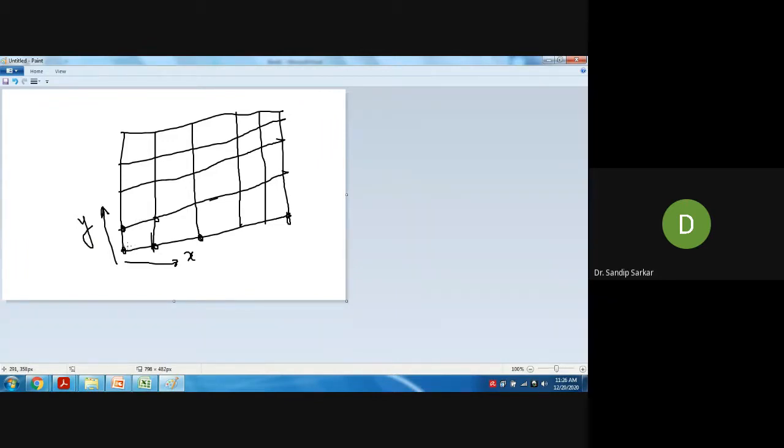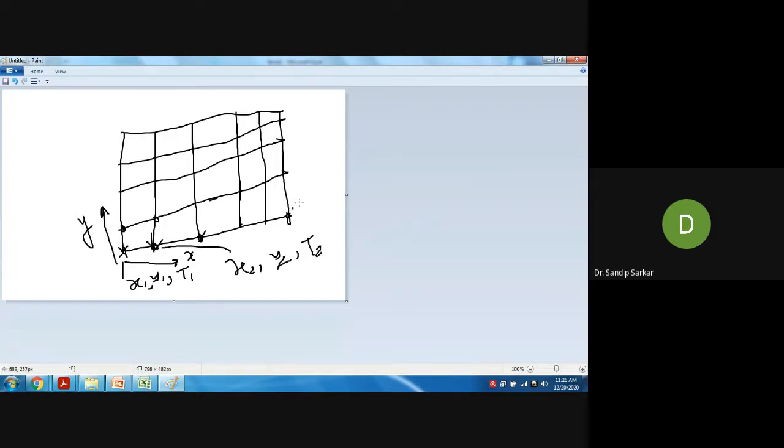So you know the x coordinate and y coordinate. Suppose this is your coordinate number 1, x1, y1, and you know the temperature value T1 because you have solved numerically by the finite difference technique. Similarly, coordinate number 2 is x2, y2, T2.